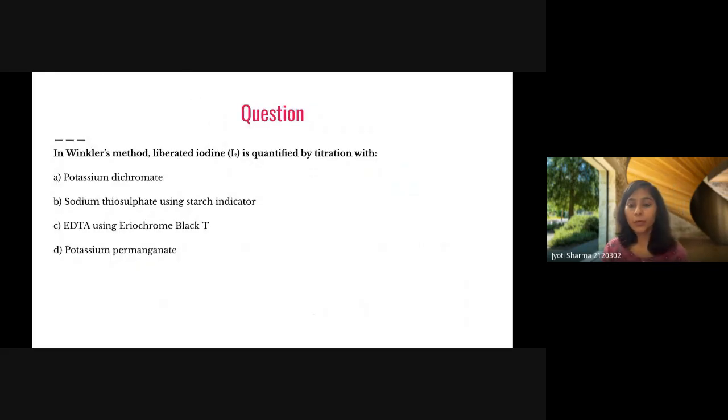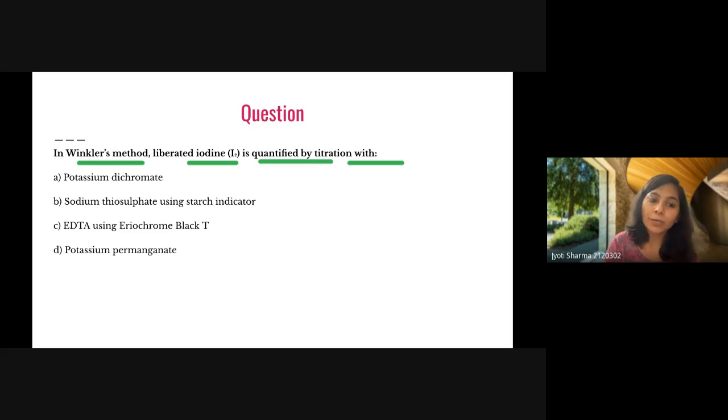Okay, because we already have discussed the methodology here. So in Winkler method, liberated iodine is quantified by titration with what? We already have discussed: potassium dichromate, sodium thiosulfate using starch indicator, EDTA using Eriochrome Black T, potassium permanganate.